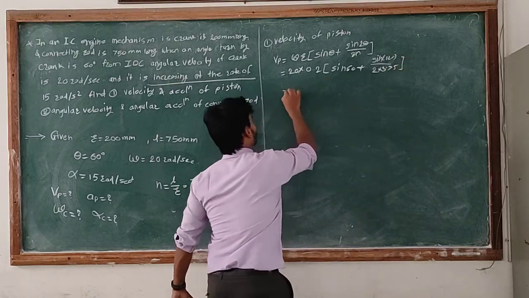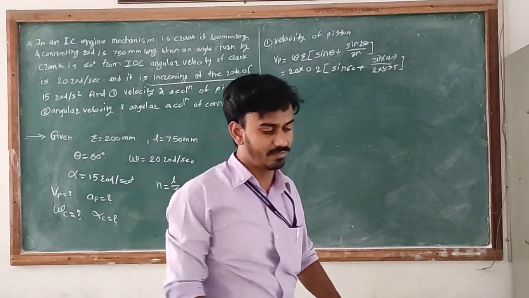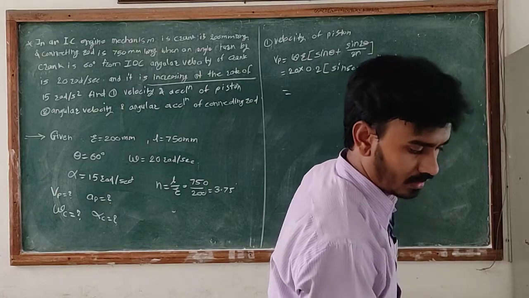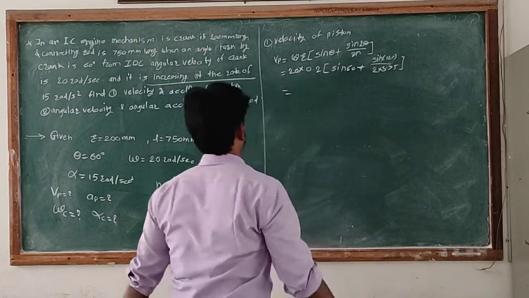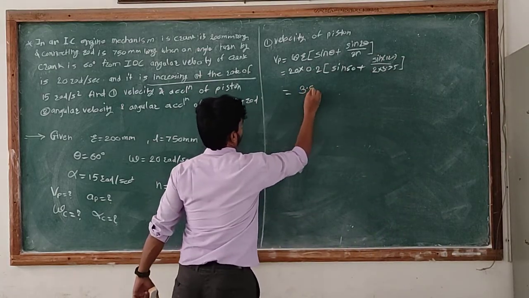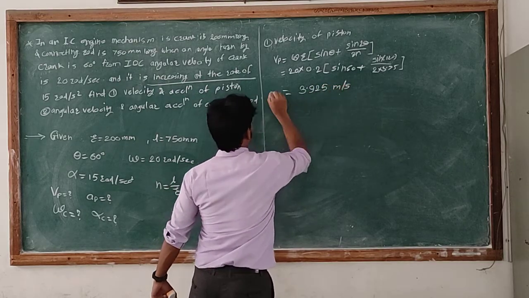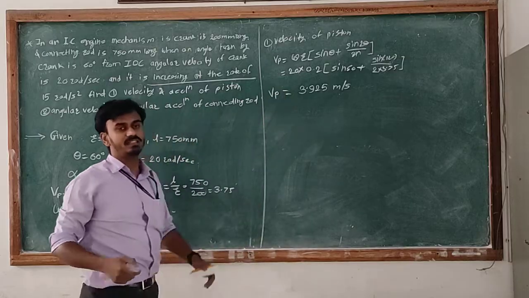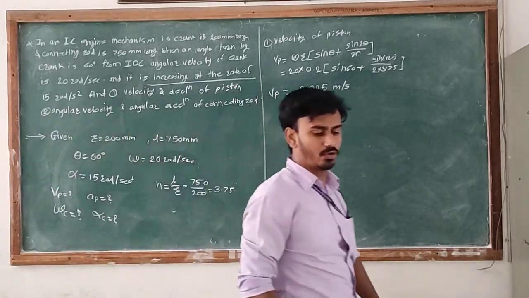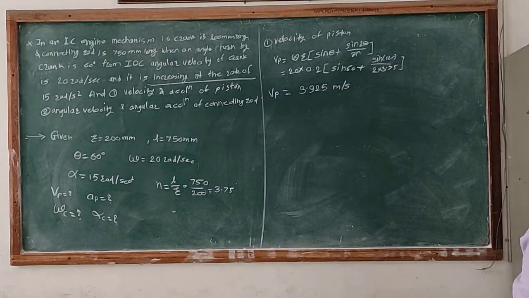If we calculate this, we will get the value of the velocity, and the velocity of the piston is 3.925 meter per second.